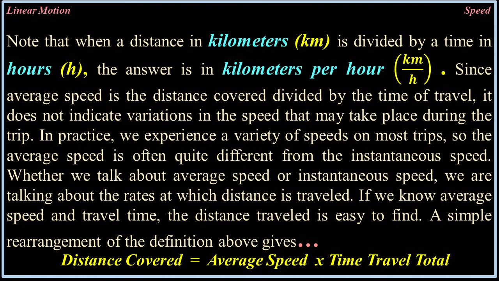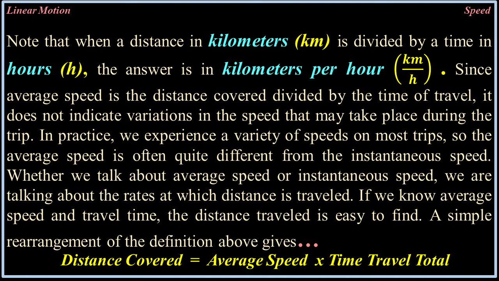In practice, we experience a variety of speeds on most trips, so the average speed is often quite different from the instantaneous speed. Whether we talk about average speed or instantaneous speed, we are talking about the rates at which distance is traveled. If we know average speed and travel time, the distance traveled is easy to find.